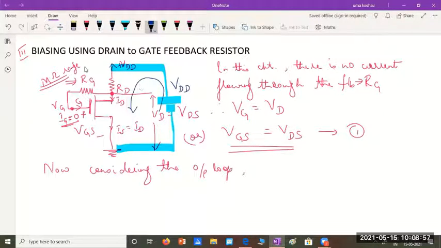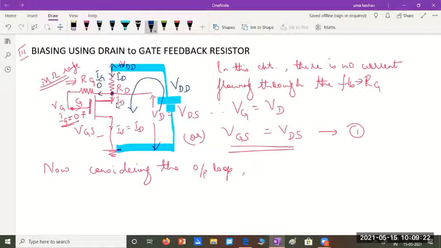And if I move in this direction, what is the current through this RD? The current through this resistor will be ID itself, because though you have a branch here, there is no current going here. The current here, IG, will be 0. So whatever current is entering the drain, the same current flows here.